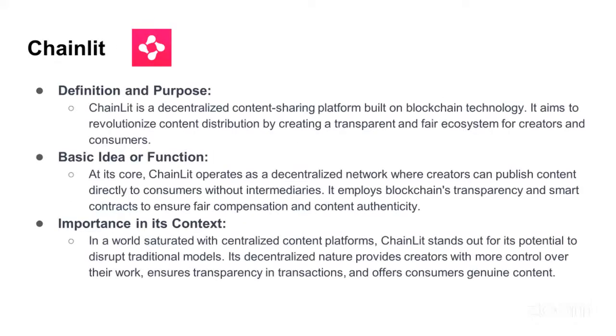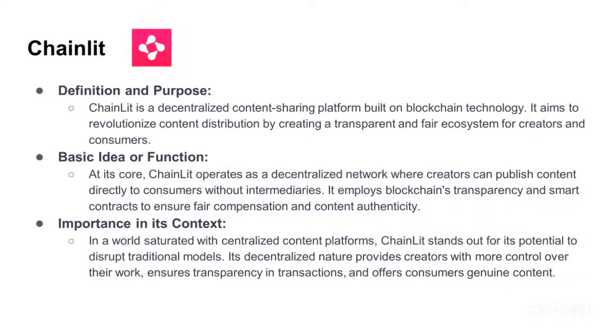Then there is Chainlit. Firstly, we will understand what Chainlit is. Chainlit is a decentralized content sharing platform that is built on blockchain technology. It aims to revolutionize content distribution by creating a transparent and fair ecosystem for creators as well as for consumers.